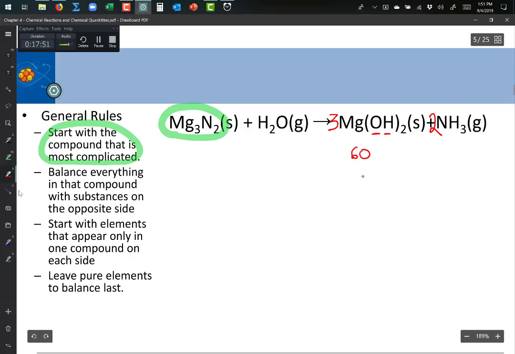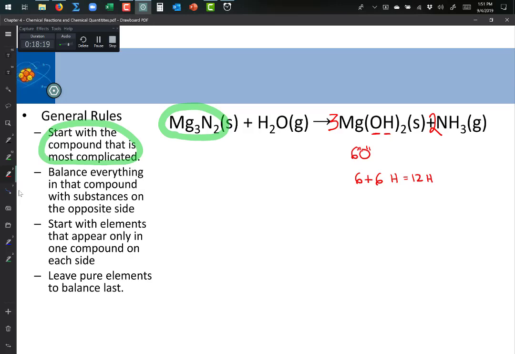So that gives me 6 plus 3 times 2 here, which gives me 6. It is 12. Yeah, no, it's 12. I just didn't want to, this is 6 oxygen. That's the letter O. 6 plus 6 hydrogens. So I have 12 hydrogens like that.